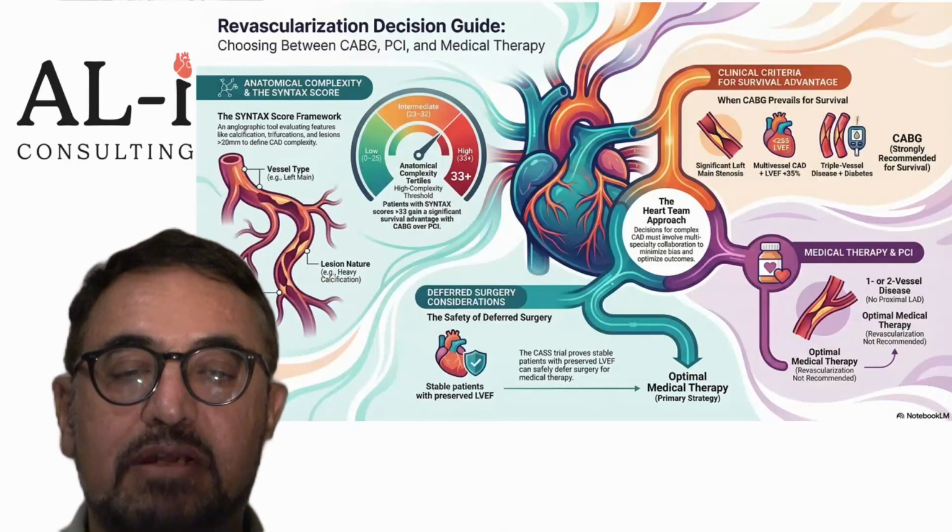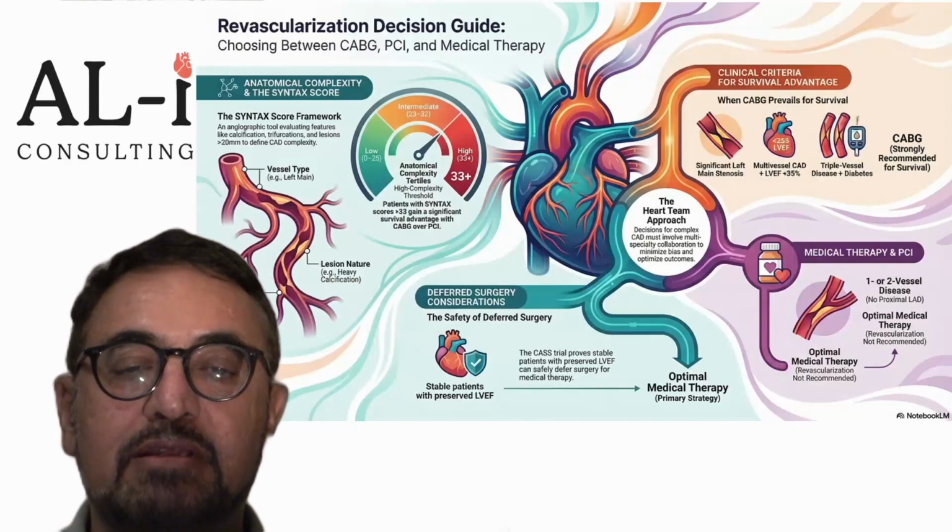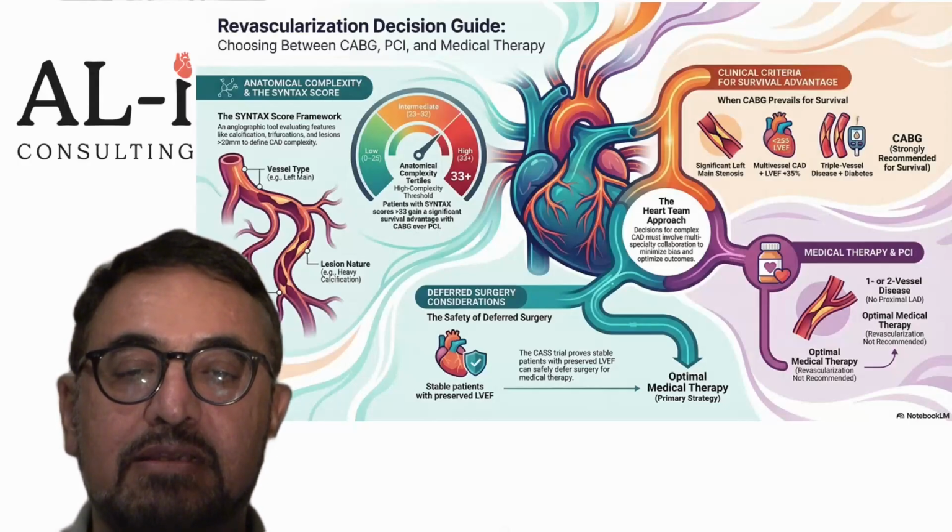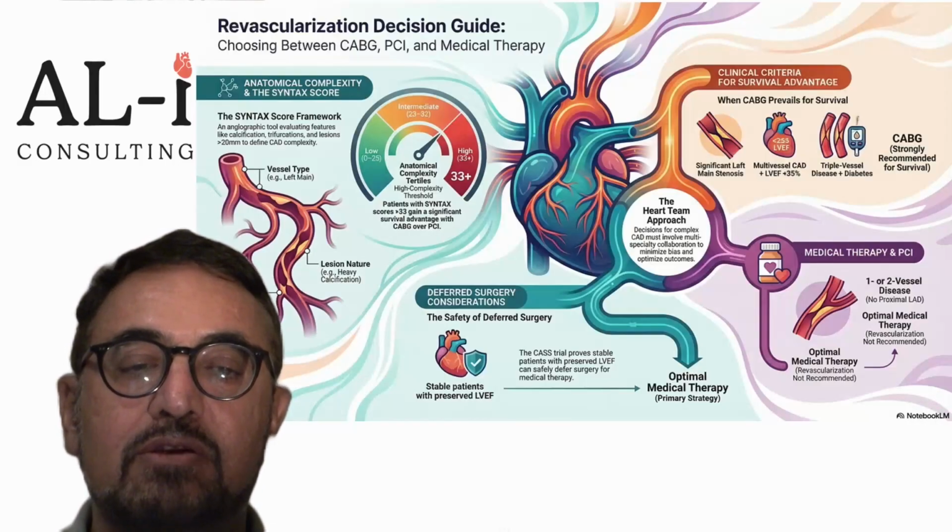The FREEDOM trial made this especially clear. In patients with diabetes and multivessel coronary disease, CABG is superior to PCI for reducing death and myocardial infarction over the long term.